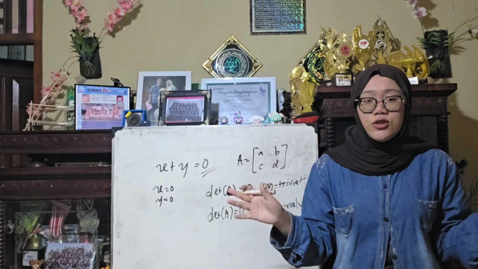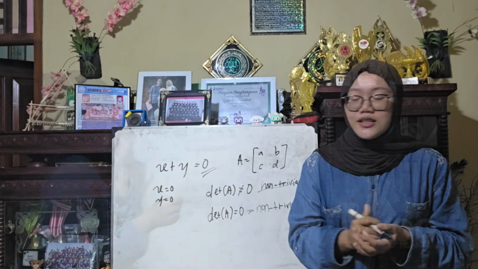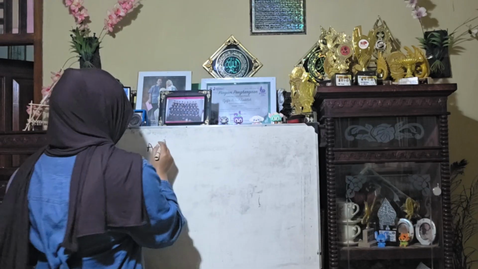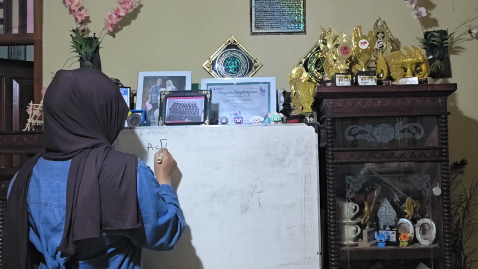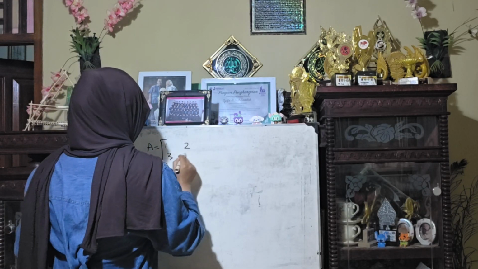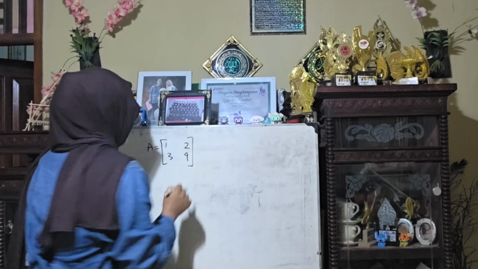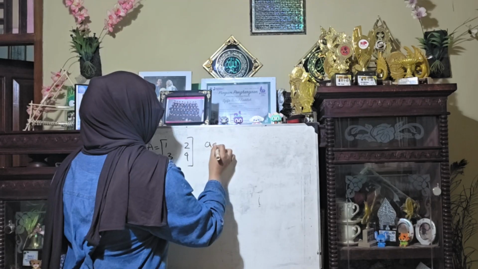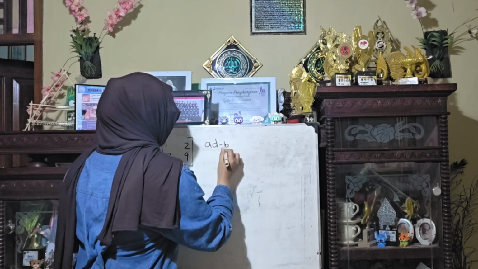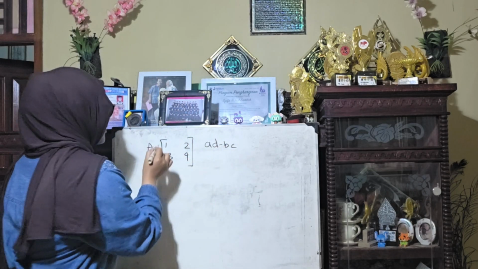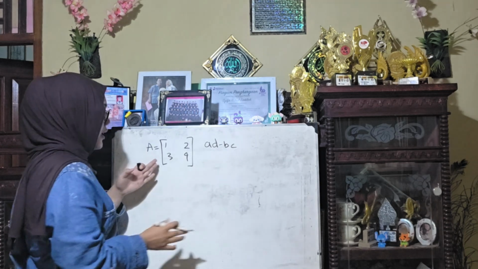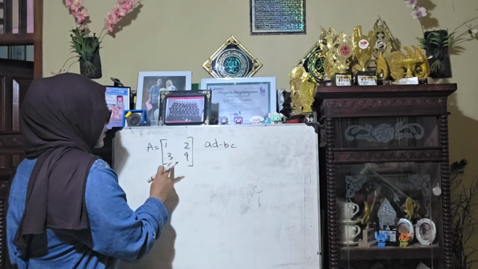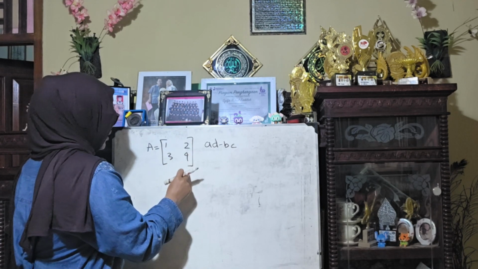But how do we calculate the determinant? So we have an example of matrix A. The elements are 1, 2, 3, 4. To calculate a 2 by 2 determinant, we need to stick to this formula: ad minus bc. So 1 is a, b is 2, c is 3, and d is 4.